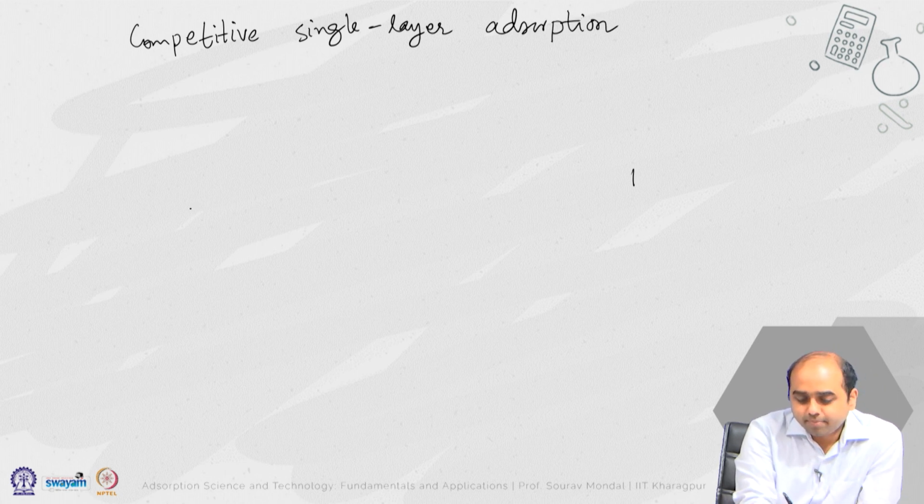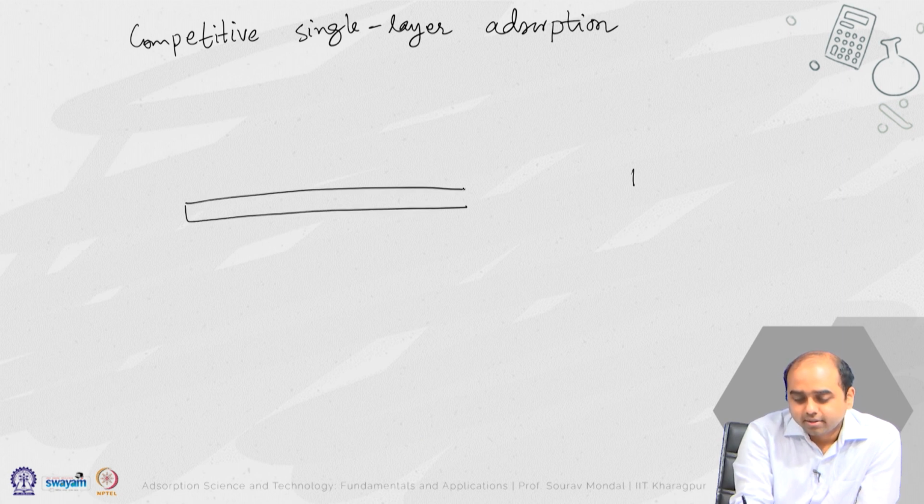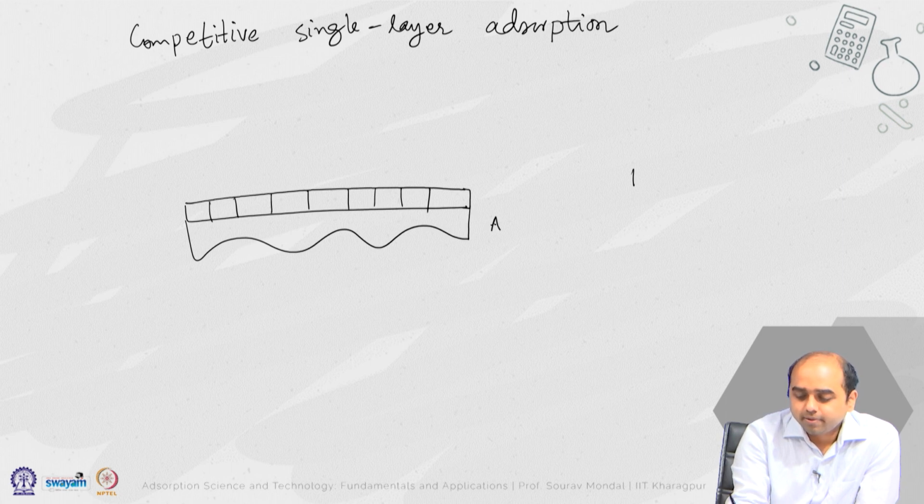We will try to understand how this competitive single layer adsorption can be mathematically described. So, we take the same example, we draw some sites for adsorption. The number of adsorbent sites available is constant. So, these are the adsorption sites.